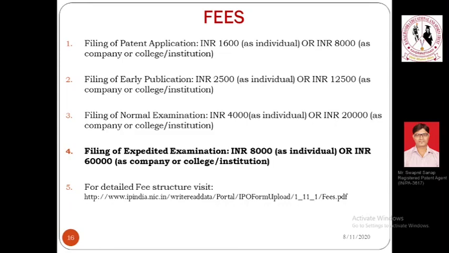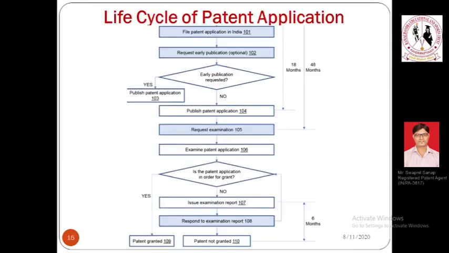If any one of you is interested to see various other fees involved in the patent process, you can refer to the site mentioned below. It's basically a fees document which will show you the different fee structures for any abnormal steps. For example, if you want to add the name of the inventor at any point of time, delete the name of the inventor from the patent, or license this patent to anybody, you need to update it to the patent office.